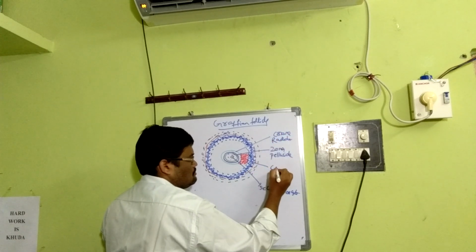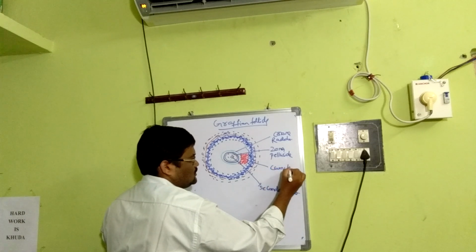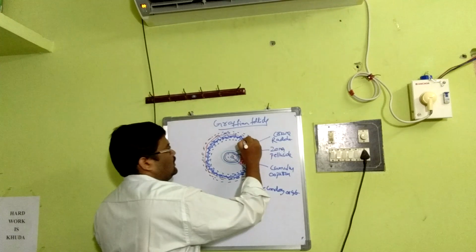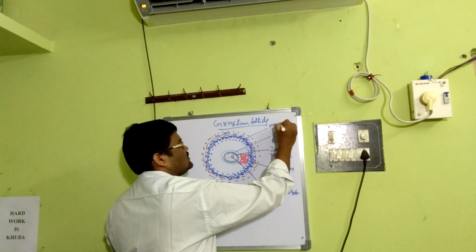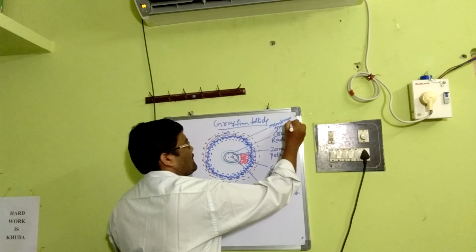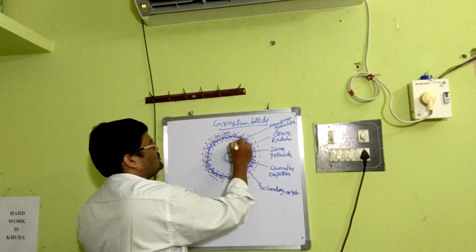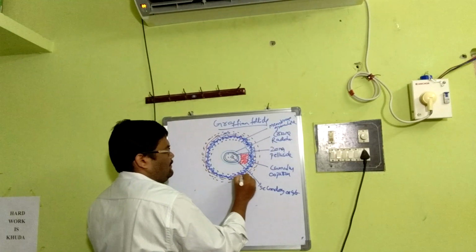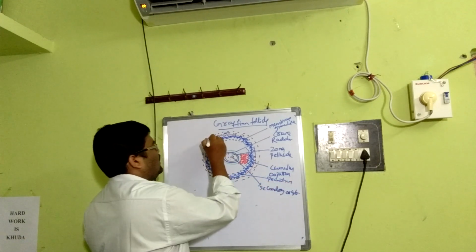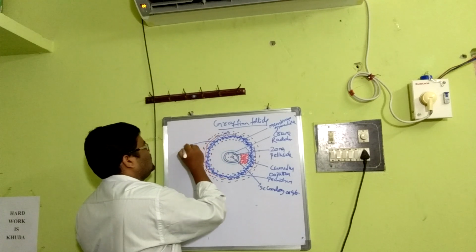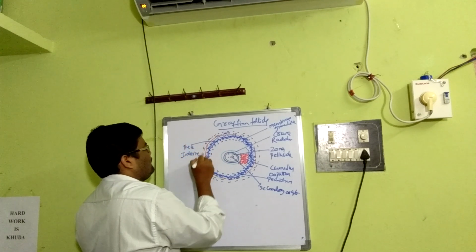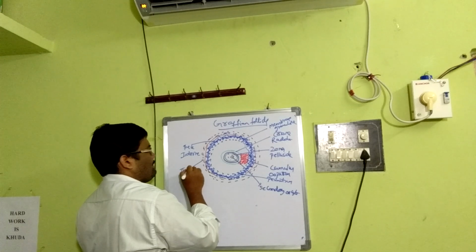This is the cumulus oophorus. And this is the membrana granulosa. Then this is the periantrum. And these are theca interna, and this is theca externa.